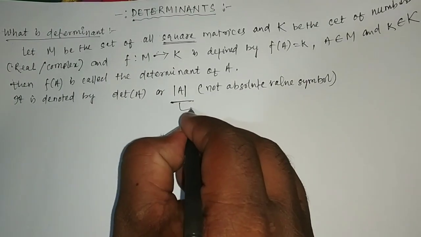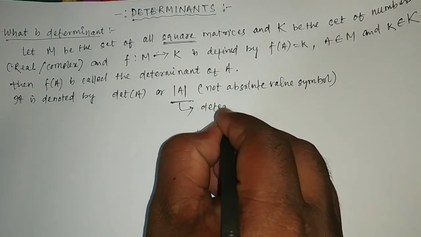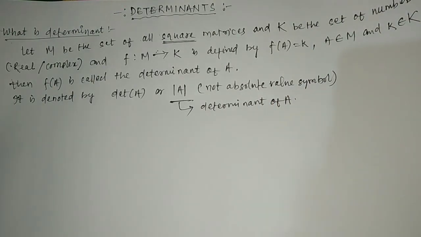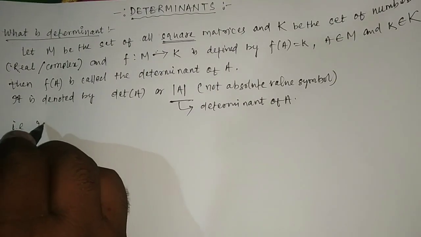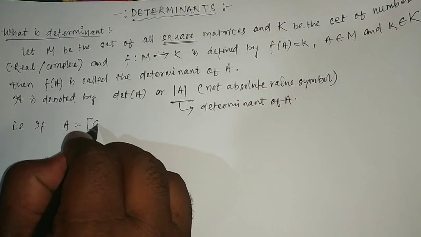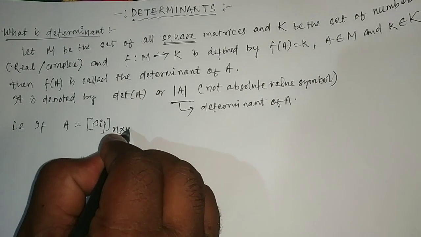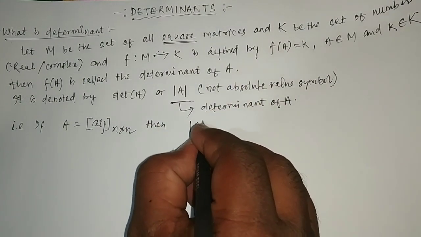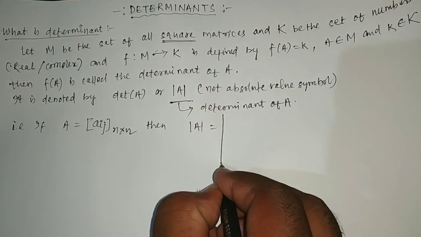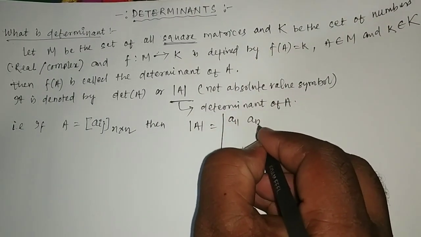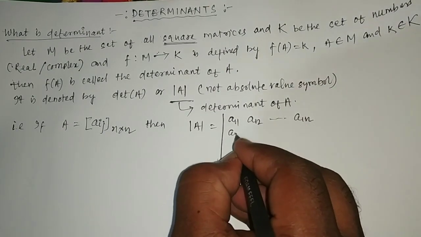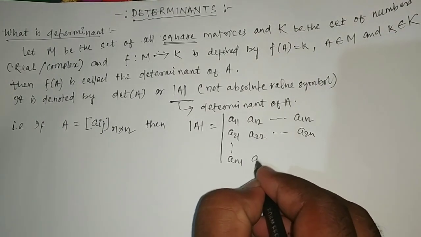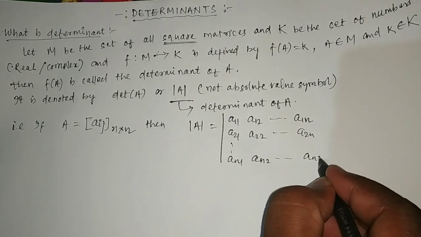We can read it as determinant of matrix A. That is, if A is a matrix a_ij of order n by n, that means a square matrix, then the determinant of A will be written as a11, a12 up to a1n, a21, a22 up to a2n, and in the nth row an1, an2, up to ann.